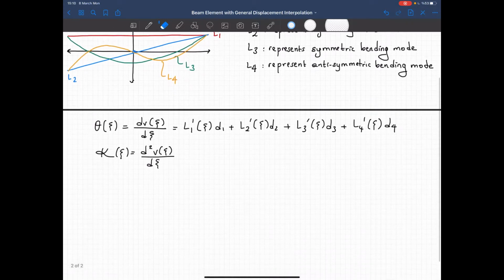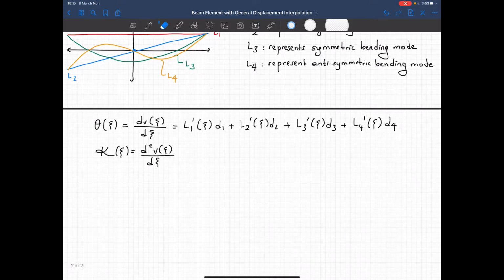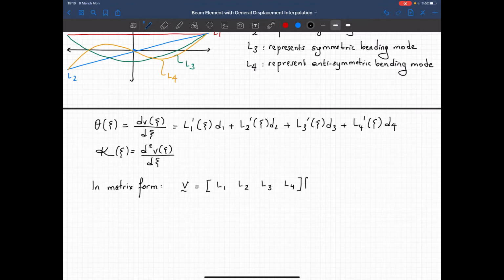Now let's write everything in matrix form. V is equal to L1, L2, L3, and L4 multiplied by D1, D2, D3, and D4, right?